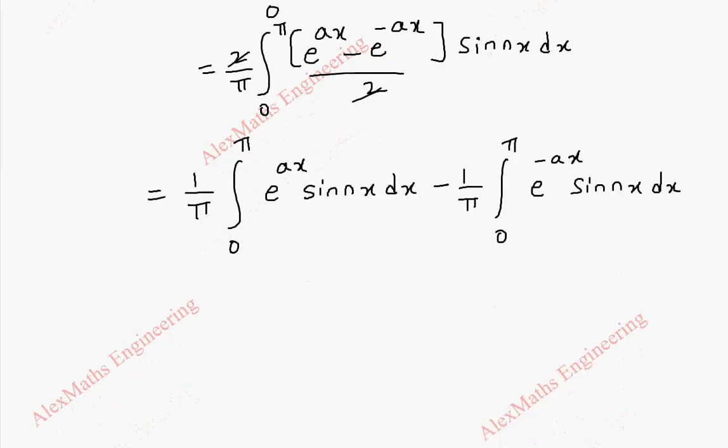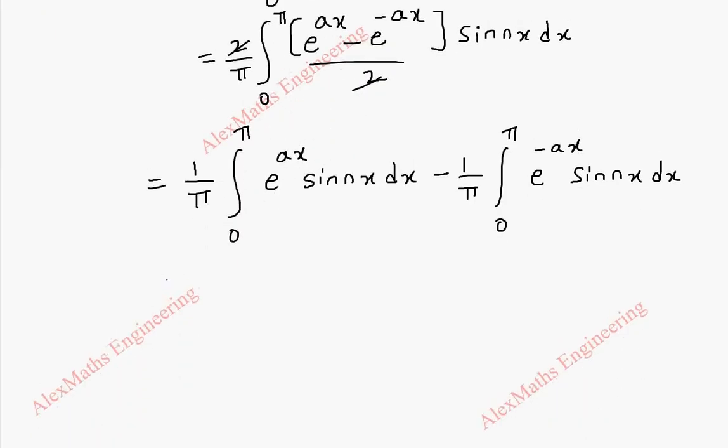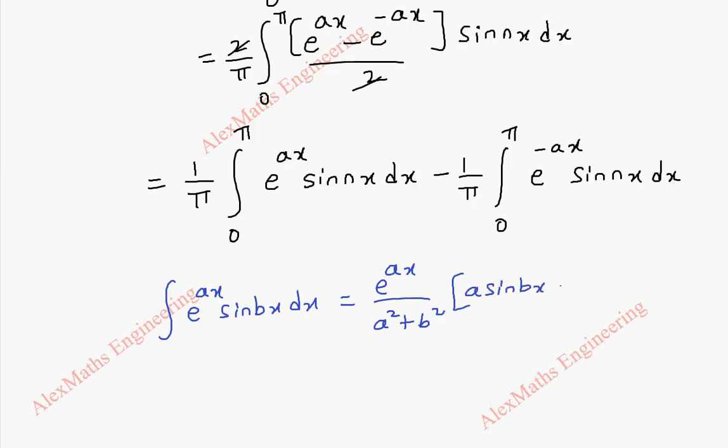We are going to apply the basic integration formula. When you have integral of e power ax into sin bx, this formula is e power ax by (a square plus b square) into (a sin bx minus b cos bx), and we will have plus c, but here we don't put plus c because we have limits.